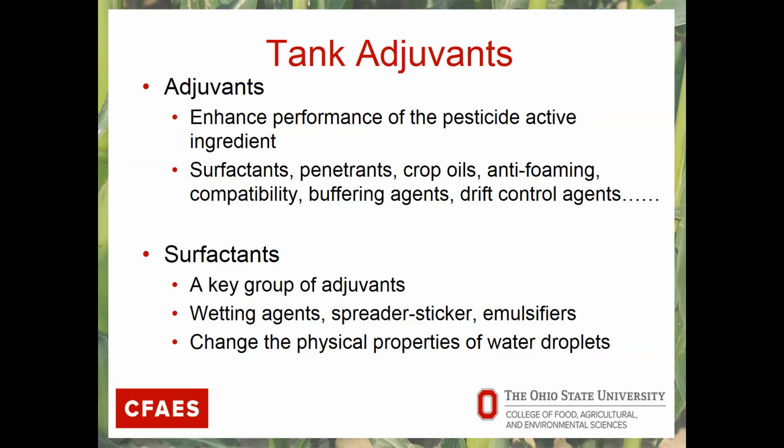Addition of the wetting agent improves control by increasing the spray coverage and uptake into the leaf. Penetrants and crop oils help pesticides move into the leaf. A buffering agent maintains an optimal pH range in the spray tank. Anti-foaming agents prevent the tank mix from foaming, and compatibility agents prevent physical or chemical incompatibility.